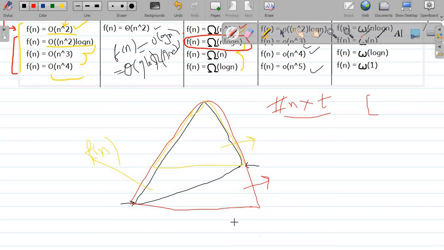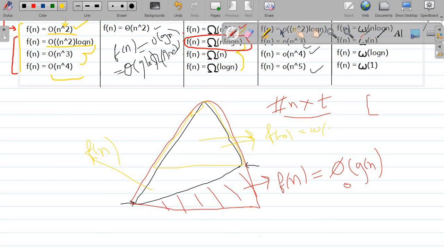Now when we are taking this red one, we can say that f(n) is equal to order of g(n). And over here we can say it to be small o, because it is strictly greater, because this part is extra. And when we are talking about this part, which is the yellow one, we can say that f(n) is equal to little omega of g(n), because this part is strictly less than our f(n).